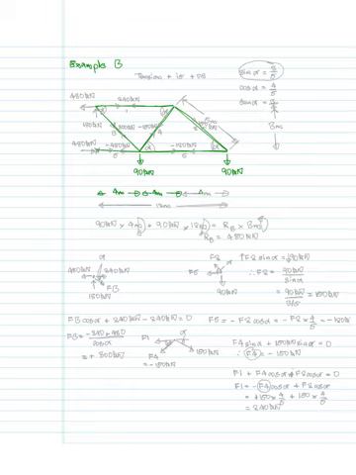And that distance is 4 meters. And then let's say that distance is 3 meters going up there. So by Pythagoras' theorem, that length is therefore 5 meters.